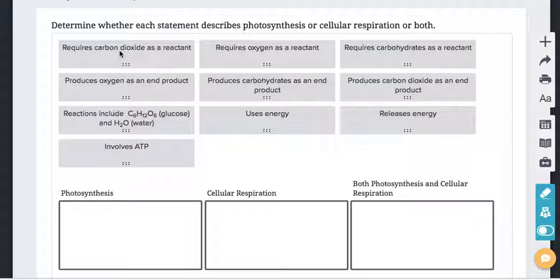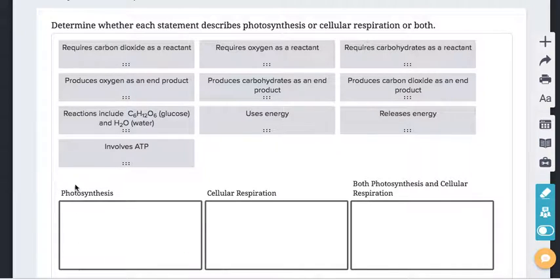So we're thinking about what requires carbon dioxide as a reactant. Are plants for photosynthesis using the carbon dioxide, or do we use the carbon dioxide in cell respiration? Because cell respiration is what we're doing. Photosynthesis is what the plants are doing.